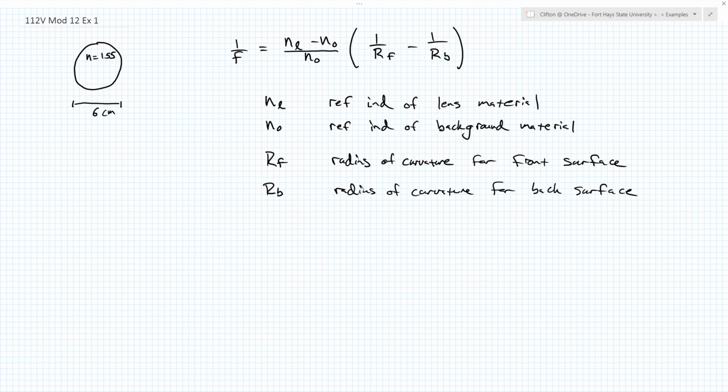Now, these radii of curvature have signs associated with them, meaning they can be positive or negative. And so I want to go through and explain how to determine what this sign is.